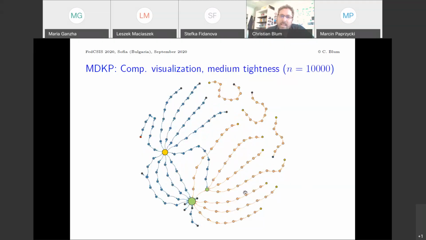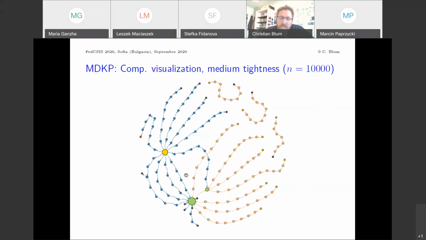Now, if we go to instances of medium tightness, this would be for an alpha of 0.5, for solutions of medium size, we see that now there is some overlap between the algorithms. There's some attractor in the search space that attracts some runs of both algorithms.